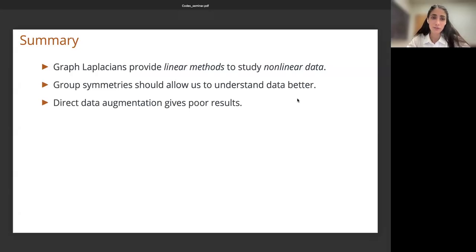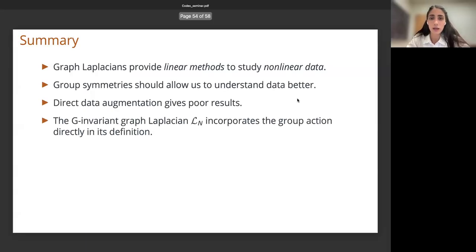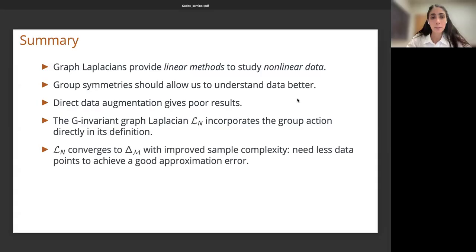Just trying to do the naive thing, direct data augmentation, gives poor results. But we've shown that the G-invariant graph Laplacian incorporates the group action directly in its definition, leaving the data alone. And by doing this, we obtain a convergence to the Laplace-Beltrami operator with an improved sample complexity, which means that we need fewer data points to achieve a good approximation error.